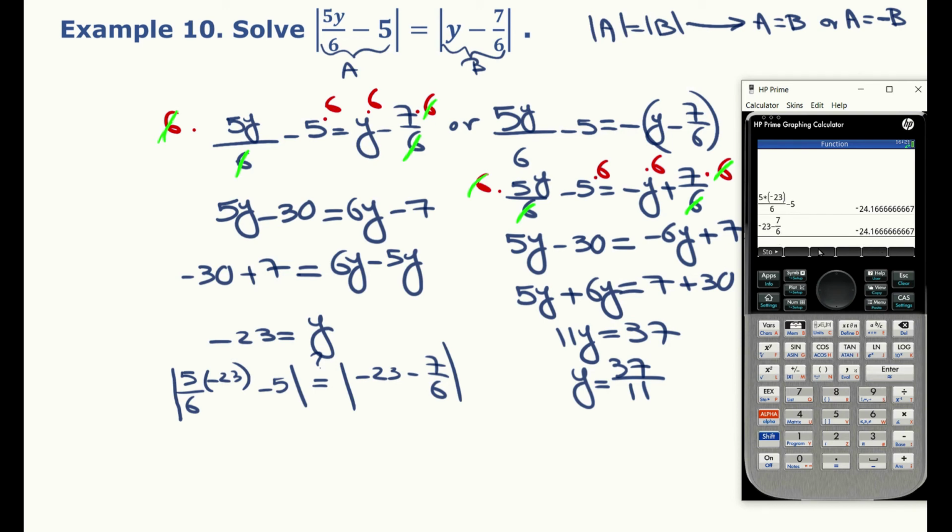So here we have just indicated that these two sides are actually identical because inside each of these absolute values we're going to get the exact same thing. All right, so here we can consider that to be checked. So negative 23 checks out, it's correct. For this one, we'll check this one now.